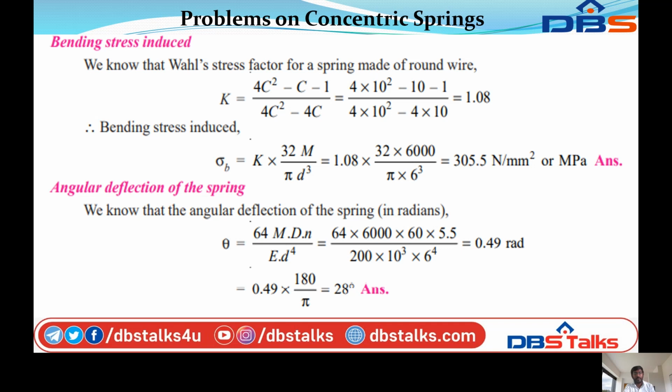So theta is equal to 64 into M 6000 into capital D 60 into N 5.5 by E 200 into 10 cube into small d 6 power 4, that is equal to 0.49 radians. So theta is equal to 0.49 radians. So this radians will be converted to degrees. So 0.49 into 180 divided by pi, that is equal to theta is equal to 28 degrees.